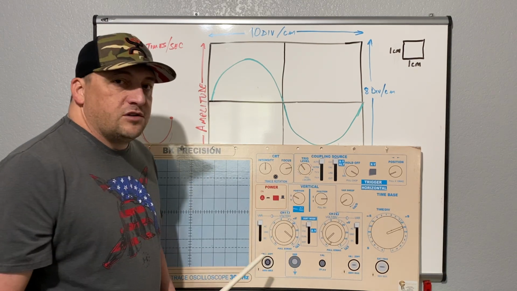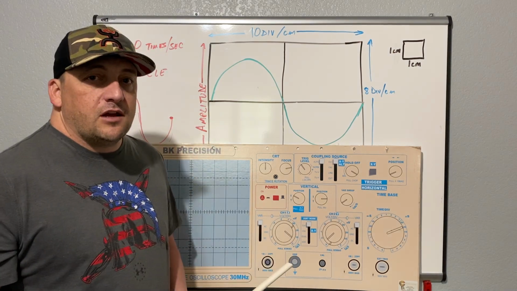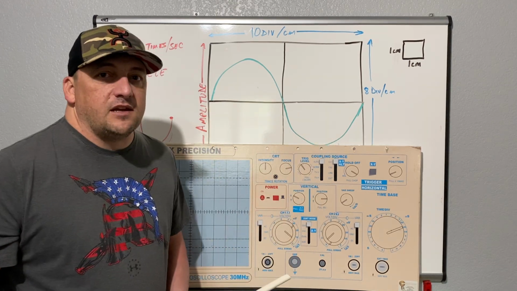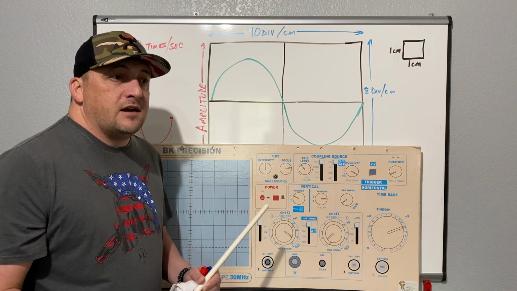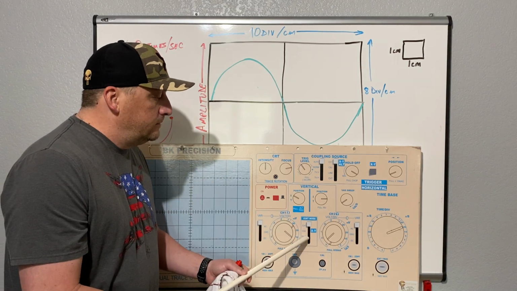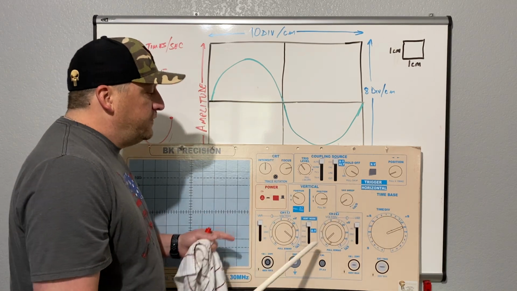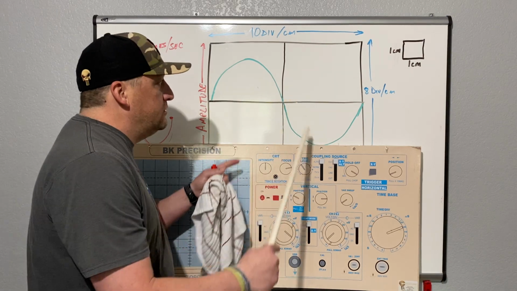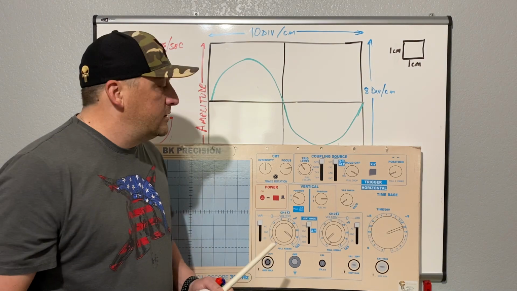Now, we can also switch to dual. So if we've got two signals, one coming into channel 1 and one coming into channel 2, we can actually look at both of those traces on the screen at the same time and compare those. So if we're trying to compare voltage or time on two different signals, this is how we would do this. The add is where the oscilloscope internally adds the two signals together and we can look at a combined total signal of those two coming in.